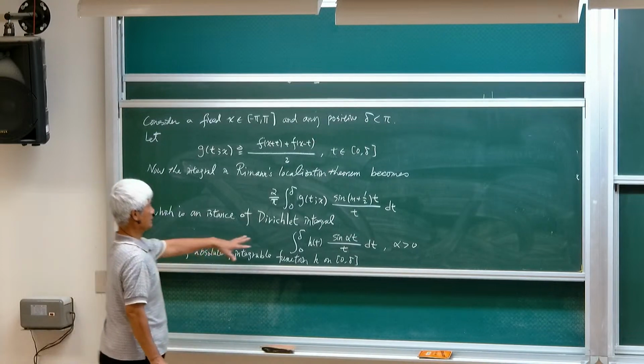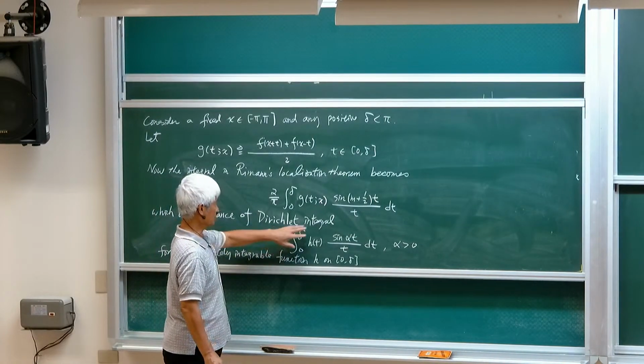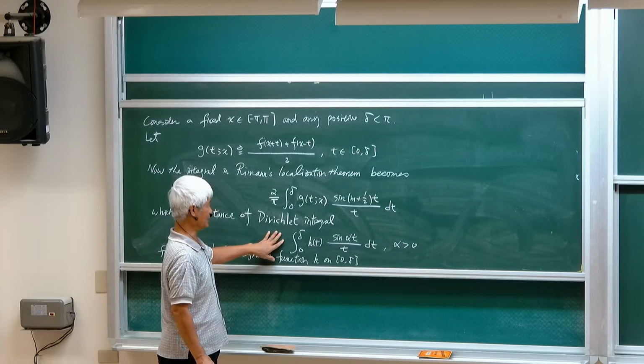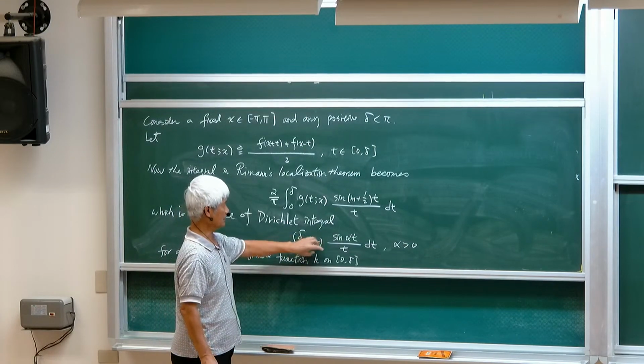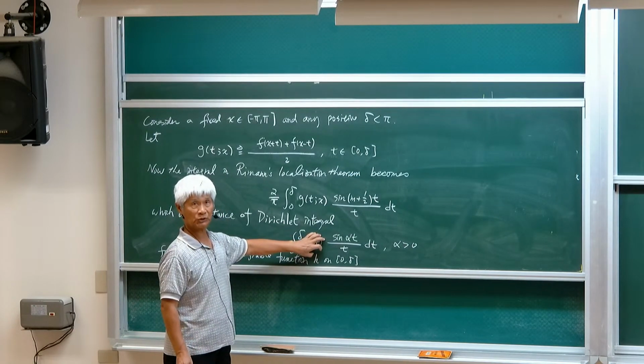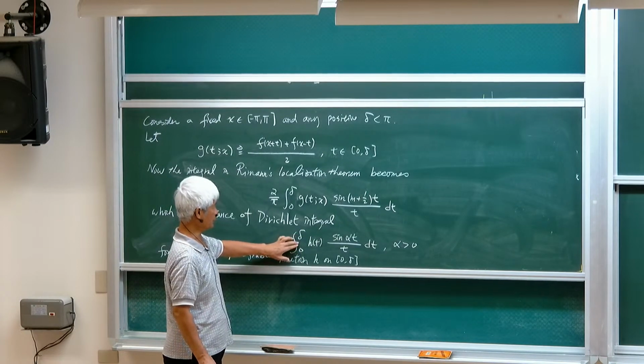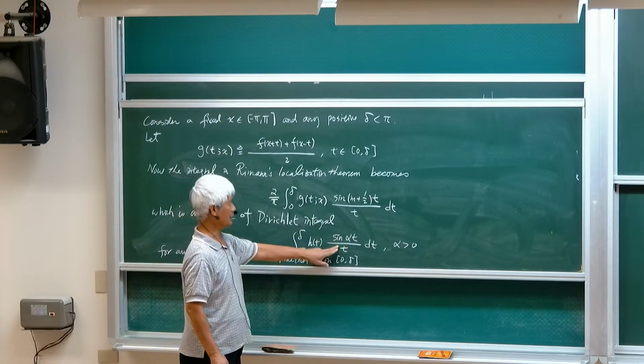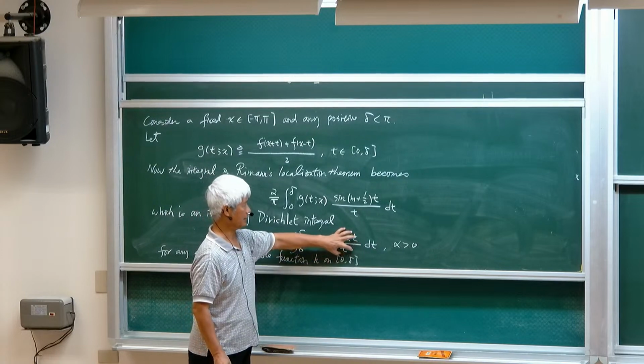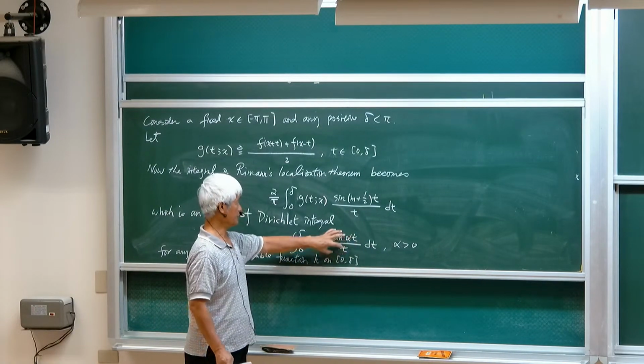So this is the general formula of the Dirichlet integral: a function h of t which is absolutely integrable over this small interval from 0 to delta.